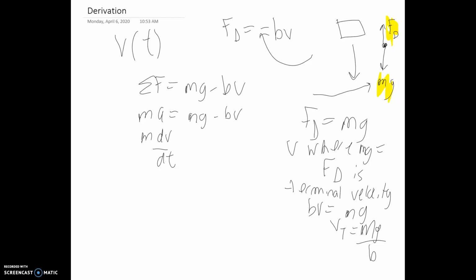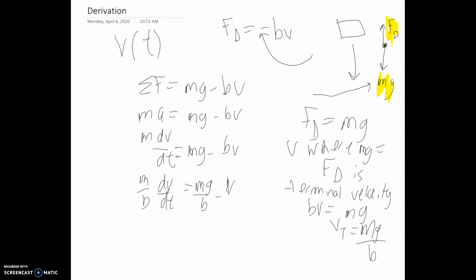Okay. So next we're going to move some stuff around. Back to this, mg minus bv. We're going to divide everything by b, because I want that velocity by itself. So I'm going to have m over b dv dt equals mg over b minus just v, because I divided that out.